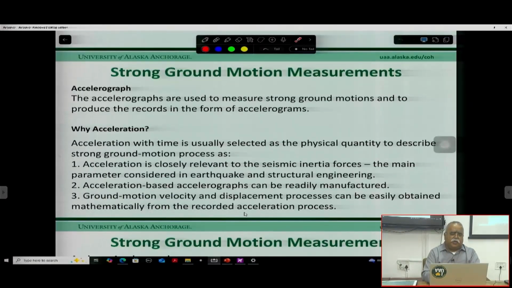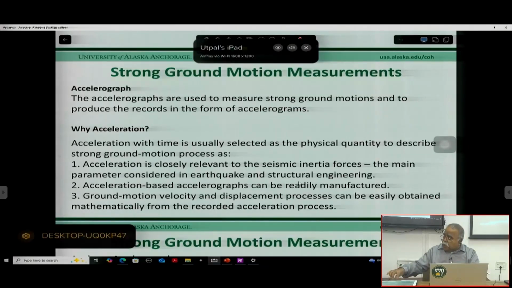So the acceleration based sensor, which is called an accelerogram, can be readily manufactured, because manufacturing wise it is much easier to do. From that acceleration data we can also calculate the ground velocity and the ground displacement by doing the integration, as we discussed last time, right?